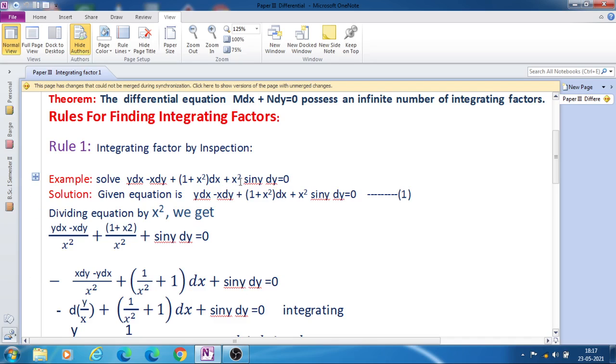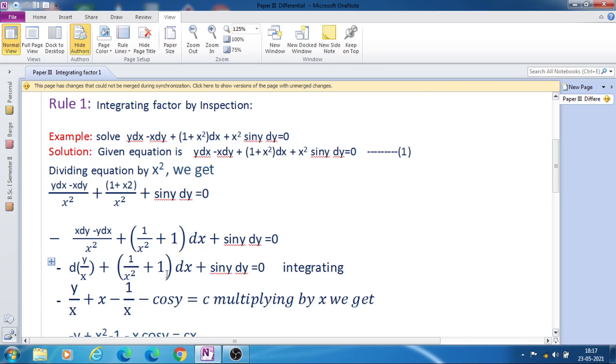Here x square gets cancelled, x square into sin y, therefore only sin y dy remains, is equal to 0. Now you see, this is nothing but the derivative of y upon x.